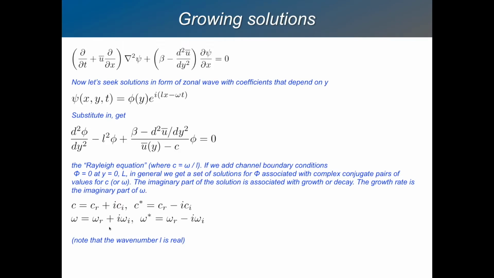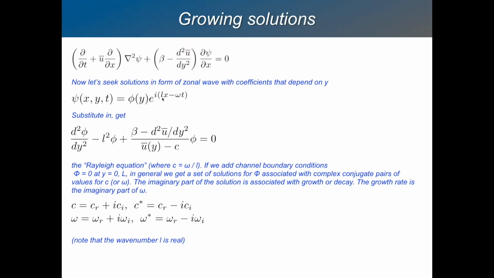And so omega has a real part plus an imaginary part, and omega star will be the complex conjugate of that. And we suppose that the wave number l is real. You could say it was complex, but it wouldn't add anything. It would just be more mathematics, right? So let's just say l is real.